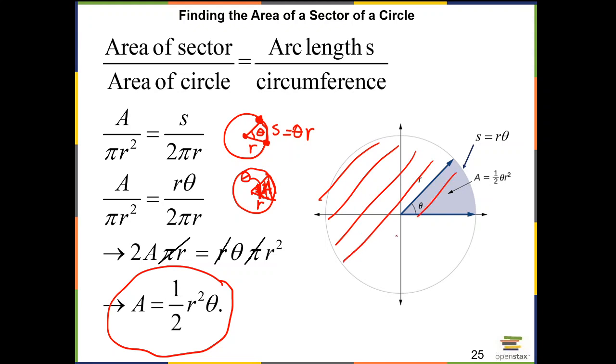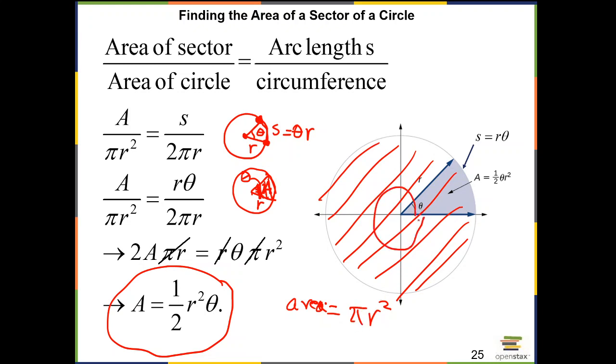What's the area of a complete pizza? Well, remember the area of a circle, pi r squared, right? Now, if you want the whole thing, all we have to do is take the angle, which is 2 pi, divided by 2, you get pi, and multiply by radius squared.